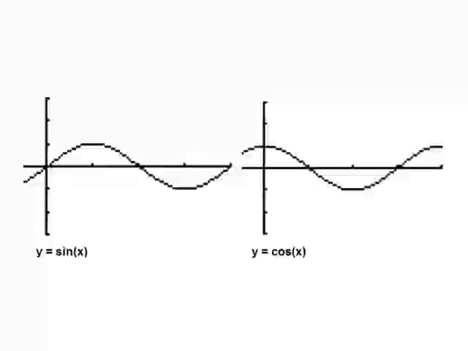Music, a musical note. Music is created by sound waves. Waves look like these. So music notes can be modeled by trigonometric functions. And I'll give a lot of examples as we go through our problems of how those would relate to particular music notes. So in our graphs, there are three key features that we always need to consider.